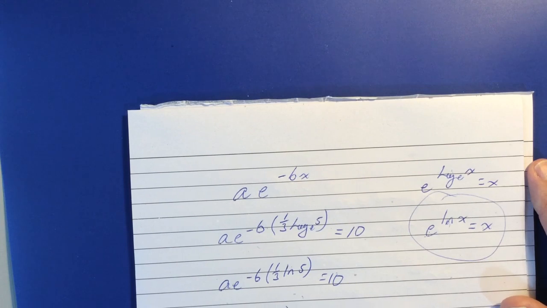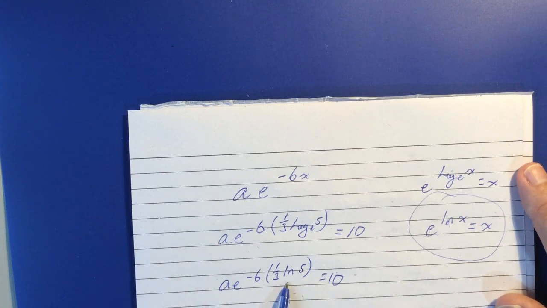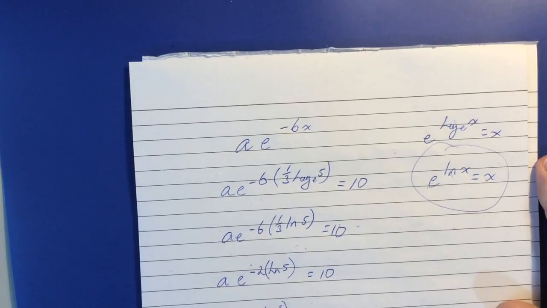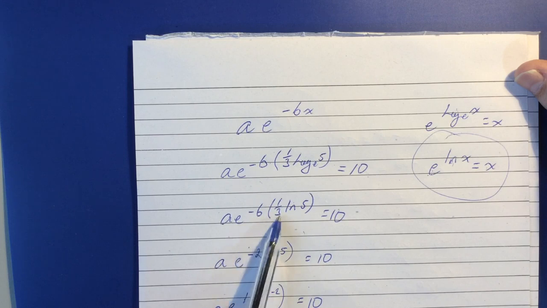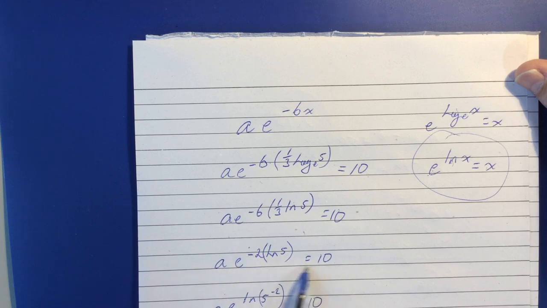Now I've simply rewritten this in this form. So this and this are exactly the same, and that's all I need to say about this line. The second line here is where I've tidied this up. So negative 6 times 1/3 gives us negative 2, and so we're edging towards something tidy here.